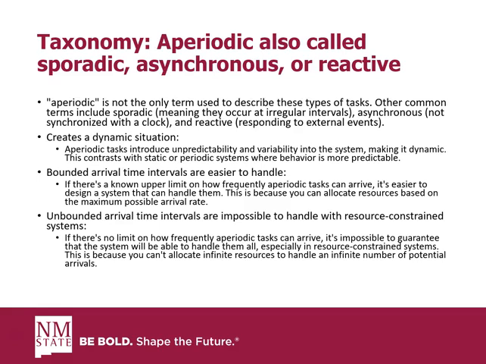Conversely, unbounded arrival time intervals are impossible to handle with resource-constrained systems. As this point clarifies, if there is no limit on how frequently aperiodic tasks can arrive, it's impossible to guarantee that the system will be able to handle them all, especially in resource-constrained systems. This is because you cannot allocate infinite resources to handle an infinite number of potential arrivals.